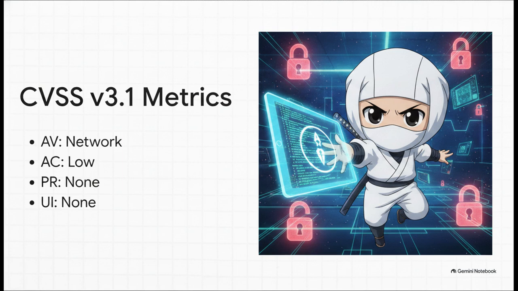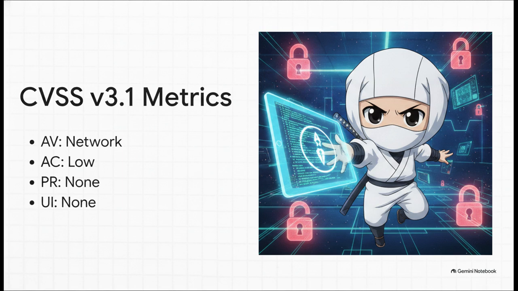Now, what's really interesting about this slide is the sheer exploitability of this flaw, as broken down by the CVSS metrics. The attack vector is network accessible. That means this is an entirely remote threat. No physical or local access to the device is required. The attack complexity? Low, meaning no specialized condition checks are needed to execute the exploit. Privileges required? None. Unauthenticated access is literally all it takes.